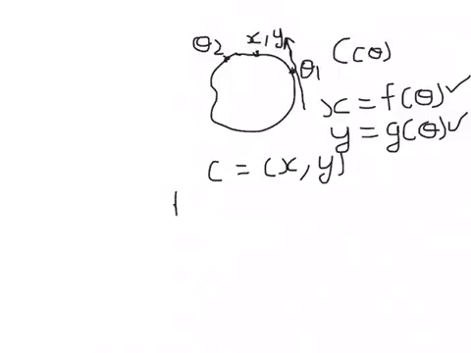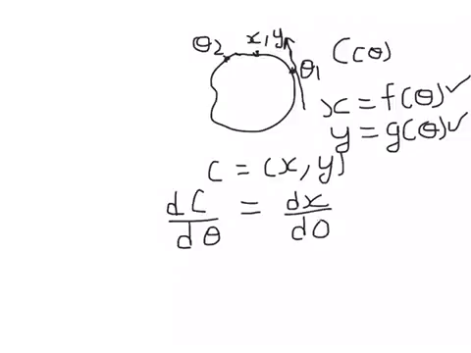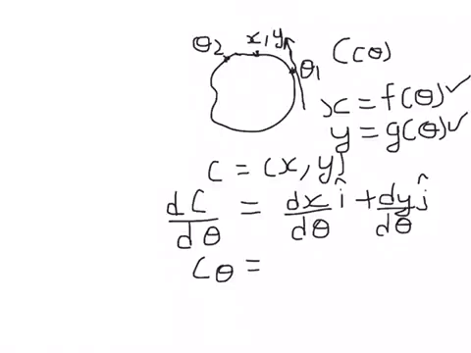So we can think of this as dC by d theta, and then this will be dx by d theta along the x direction, and dy by d theta along the y direction, and this we are going to just represent as C theta, x theta, where the subscript is the variable with respect to which the derivative was taken. So this is a tangent basically.